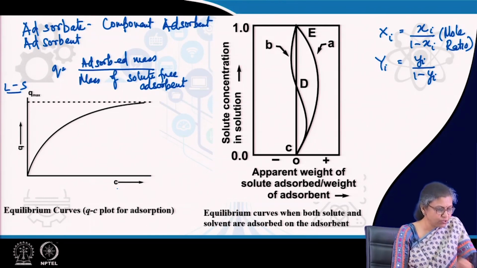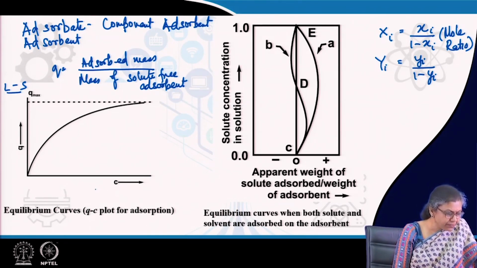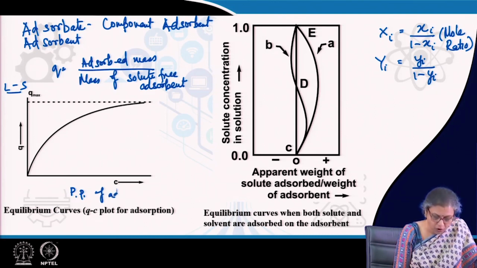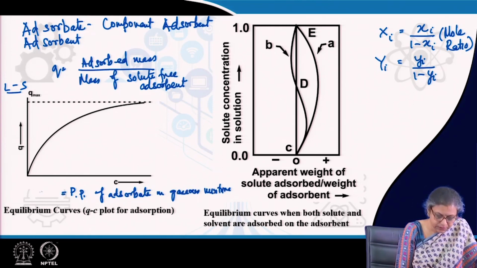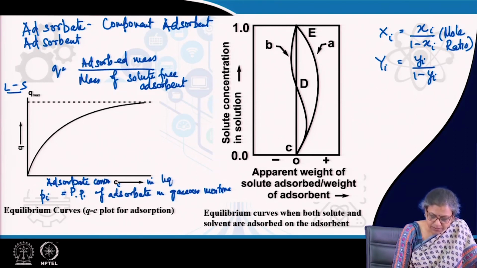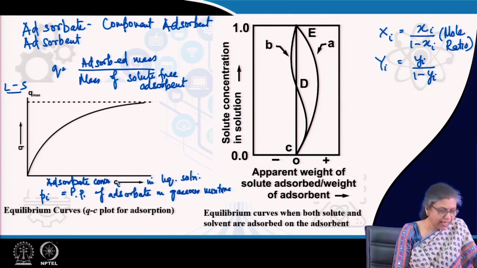So, it is shown in terms of Q versus C, where this concentration can be either P, if it was a gas, the partial pressure of the adsorbate in the gaseous mixture, denoted by Pi, and for the liquid solid case it is denoted by Ci, which is the adsorbate concentration in the liquid solution from where the component has to be adsorbed.